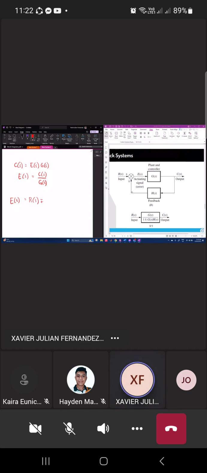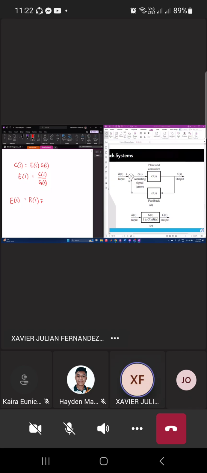So if we superimpose both, E of S becomes C of S over G of S is equal to R of S minus plus C of S times H of S.